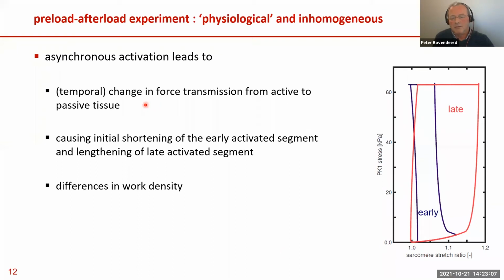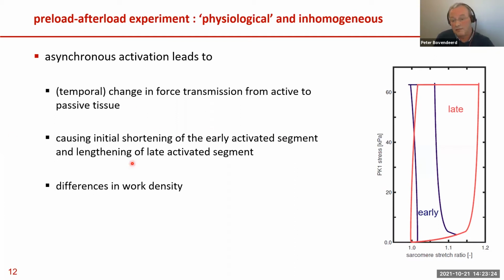So actually, this is caused by the temporal change in force transmission from the active to the passive tissue. So at the beginning, this late activated segment could counteract the active force in the first segment only by stretching.